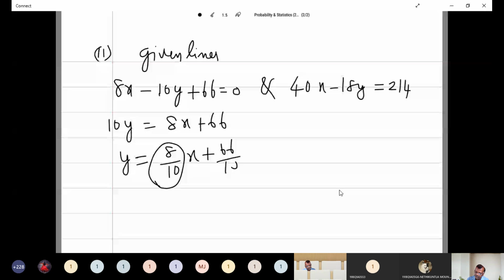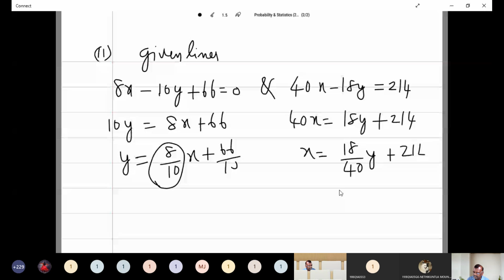On the other hand, 40x is equal to 18y plus 214 and x is equal to 18 by 40 y plus 214 by 40. This is the regression equation x on y.